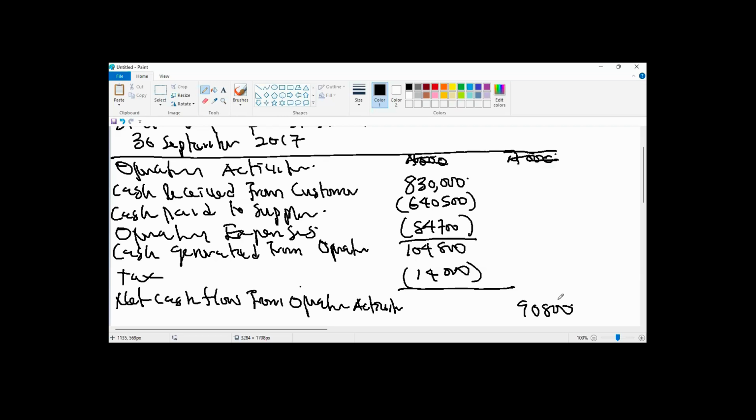Indirect method. You go and use your direct method to get this figure, and look at the remaining solution.